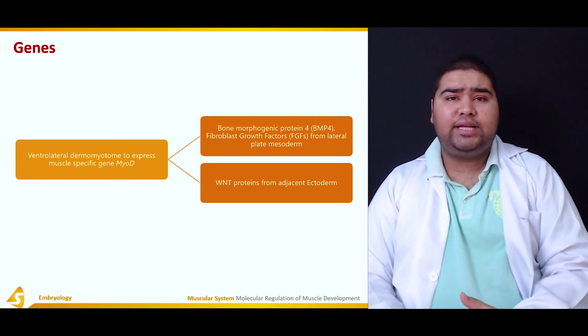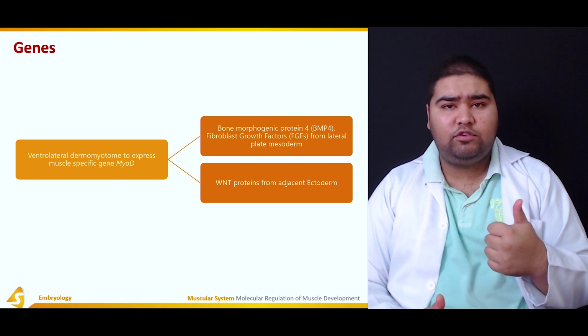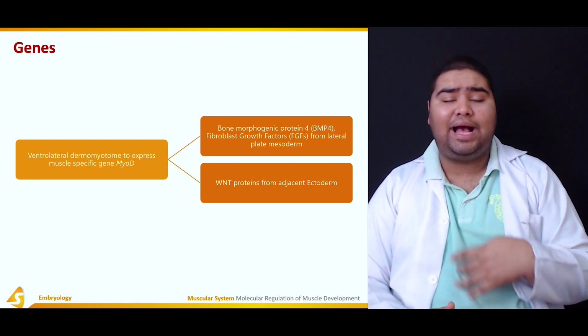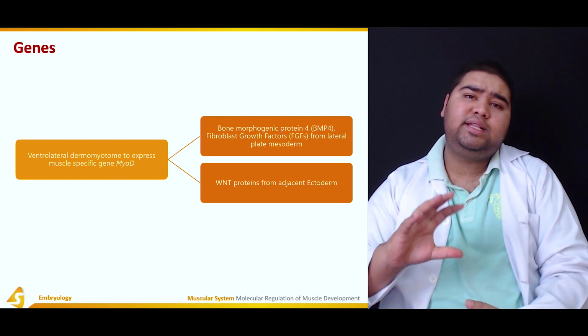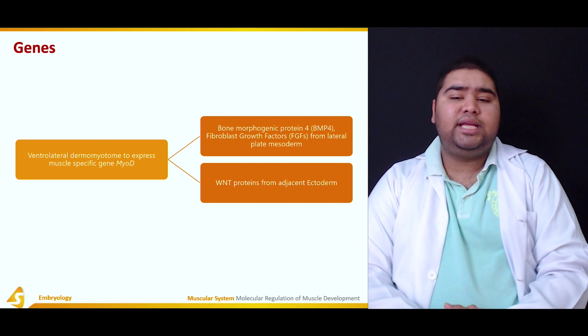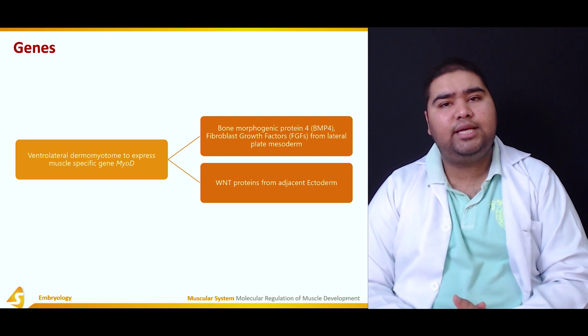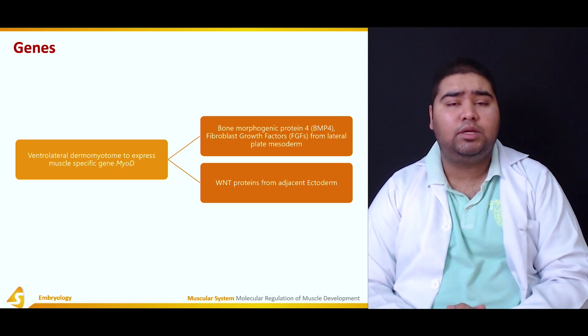So, what happened? We had two genes, bone morphogenic protein 4 and fibroblast growth factors. Where did these come from? From the lateral plate mesoderm. These were acting along with the WNT proteins from the adjacent ectoderm.